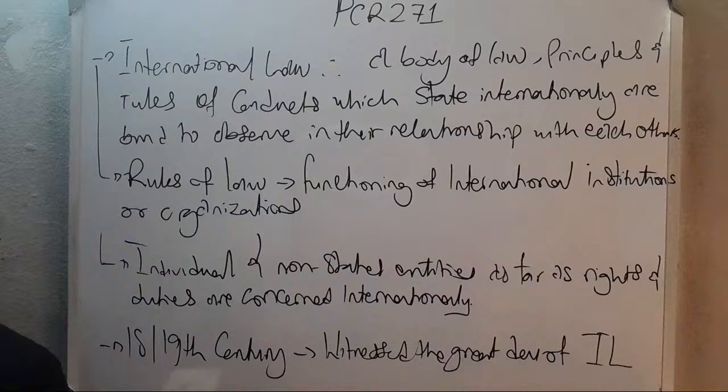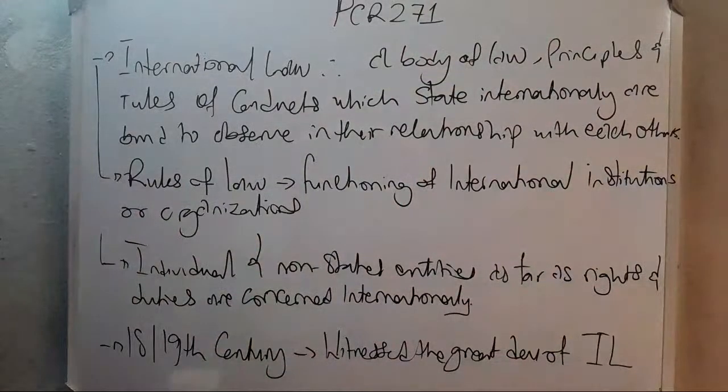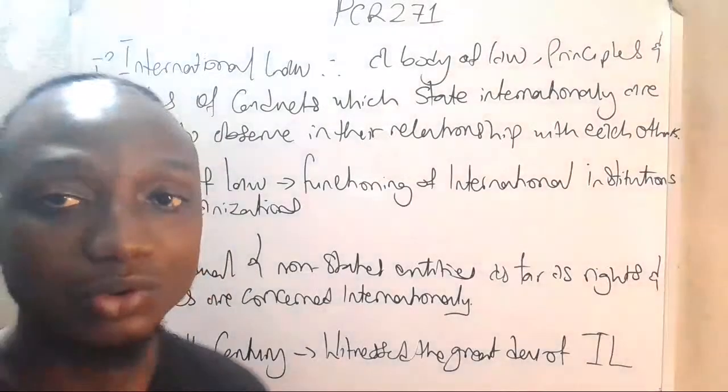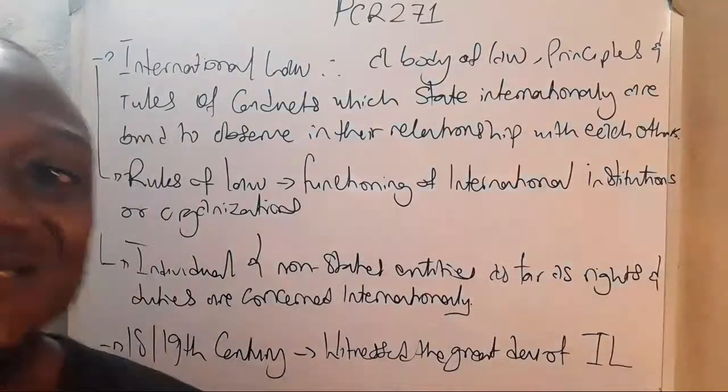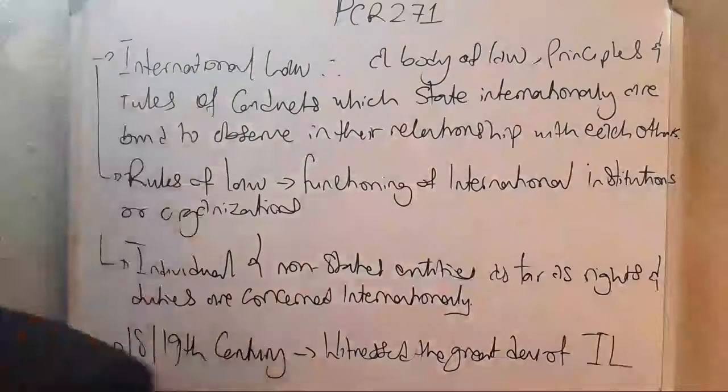Now some schools of thought are of the view that the modern system of international law or law of nations. So take note that international law can be used interchangeably with law of nations.